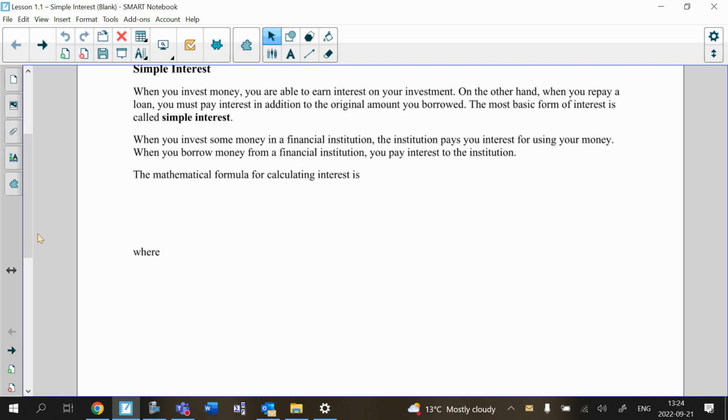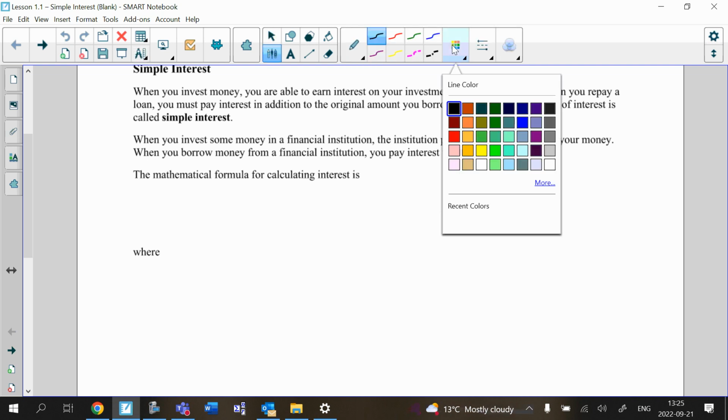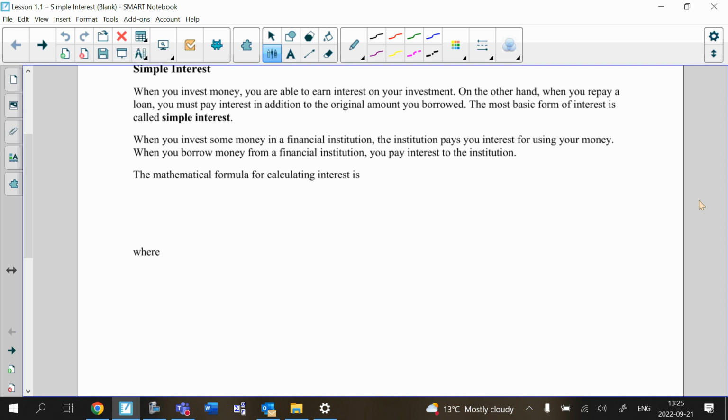And it's a very simple formula for simple interest, hence the name. To calculate interest I, we take the principal amount that you borrow or invest times your rate of interest times the time in years that you invest it for or borrow it for.